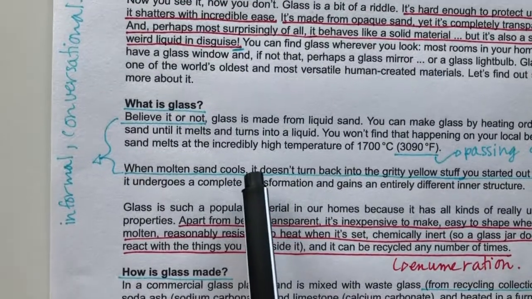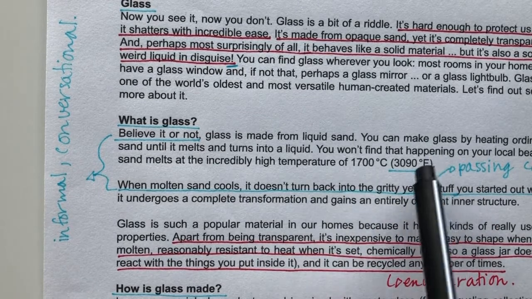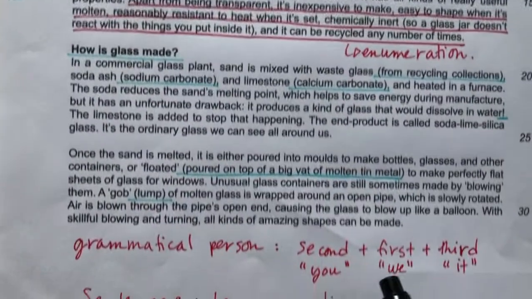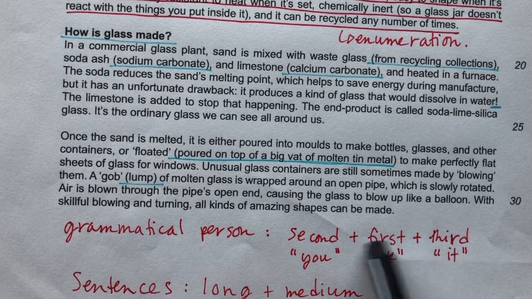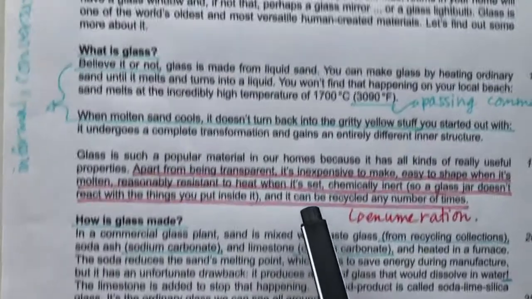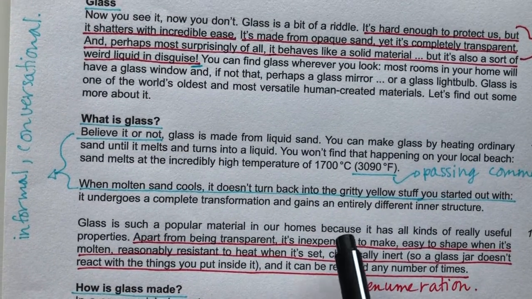In the text, you can make glass, you won't find that happening. So here we hear you quite often. Also we have first person, we, through the use of we. Example, let's see if I can find that, if I can remember.